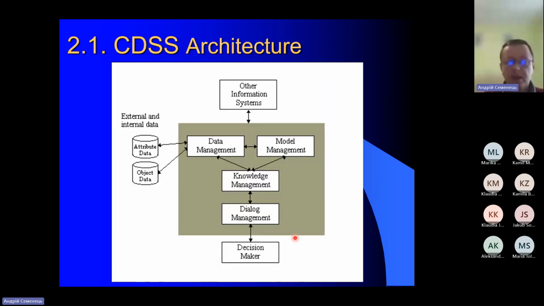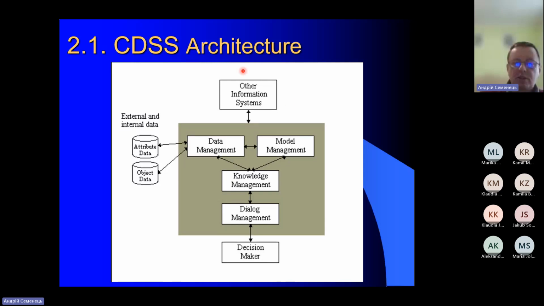When we talk about classical CDSS architecture, of course here we have this core given here: data management, knowledge management, and dialogue management components, which are dedicated to deal with some external and internal data.